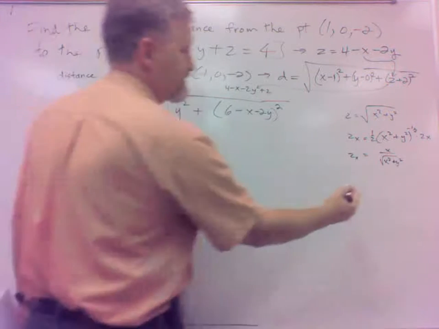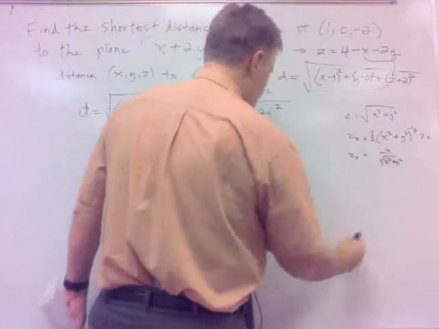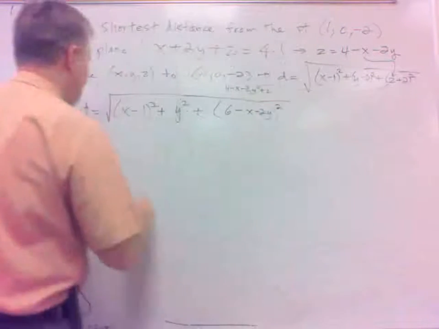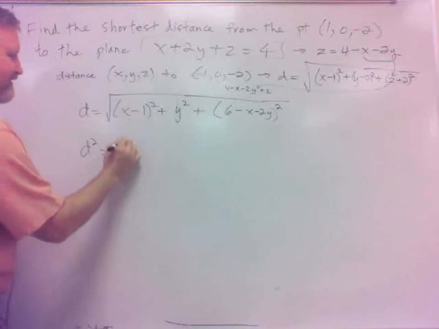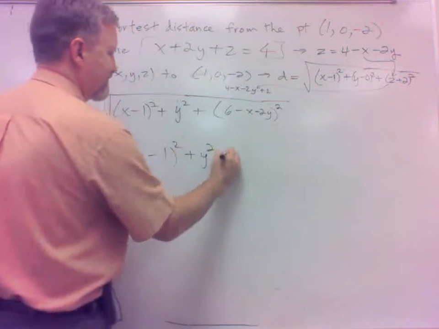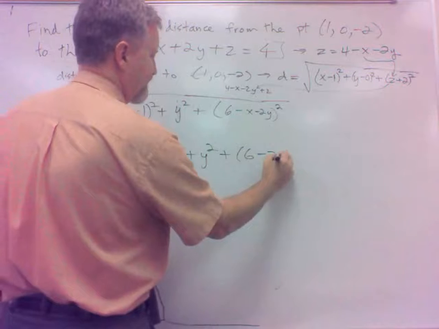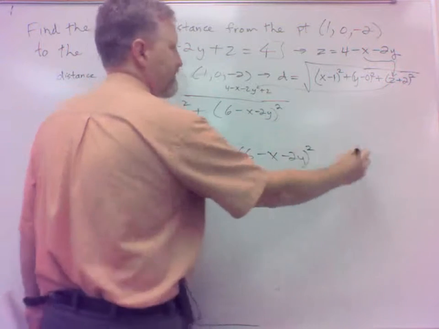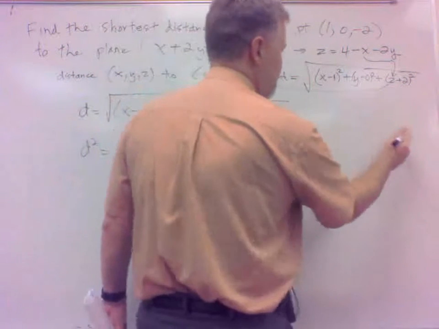And so really this is not going to come into play at all. So here's what they say. Let's just do d squared. Let's just square both sides, and yeah, you have the same.